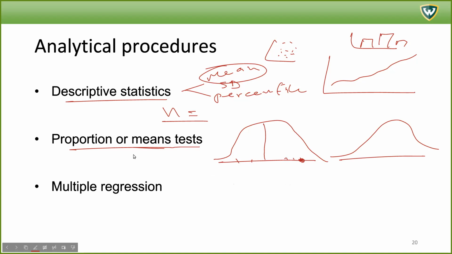And the rationale for this is that, once again, we're dealing with samples, and we want to make inferences about a population. We want to compare the distribution of the samples with some other assumed distribution, which we assume for the population.